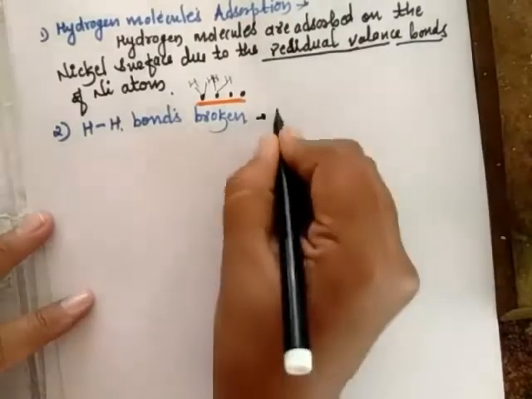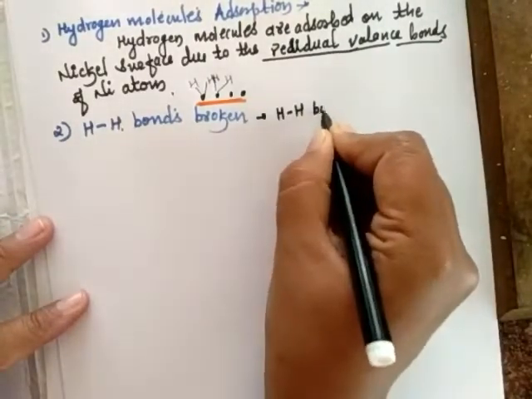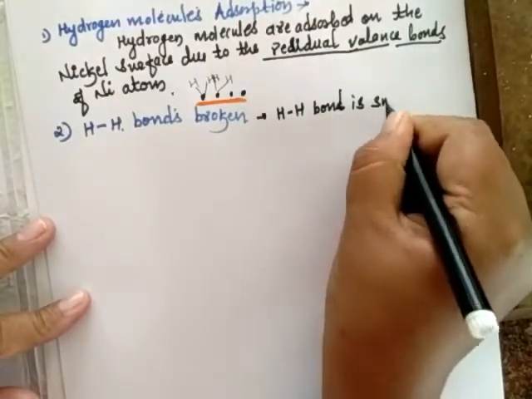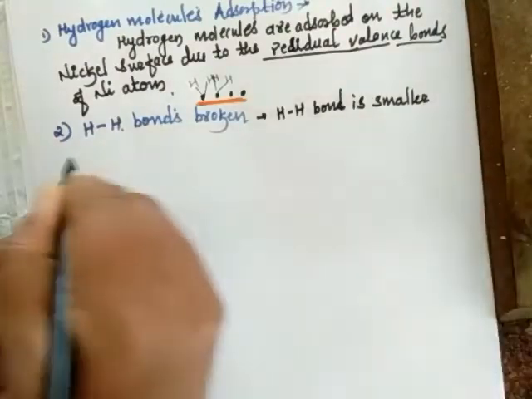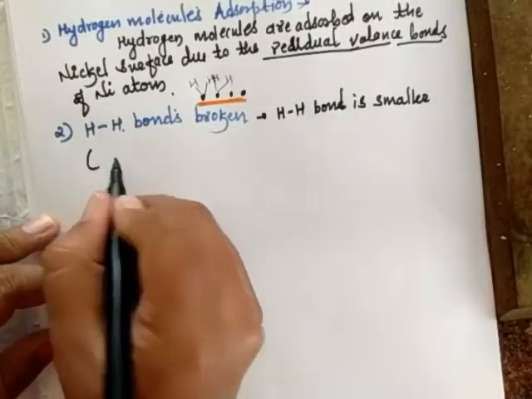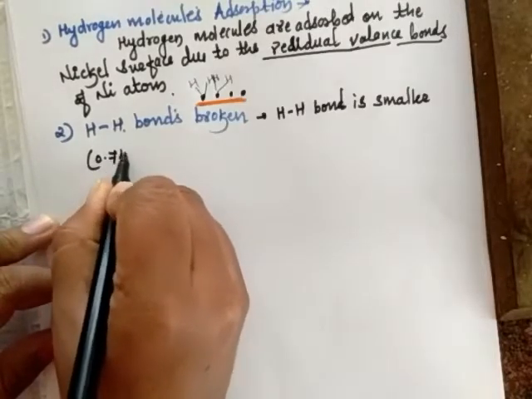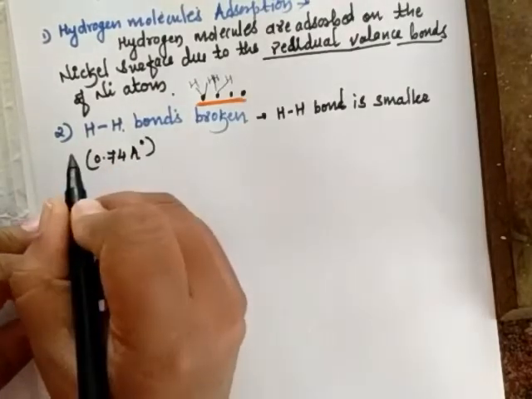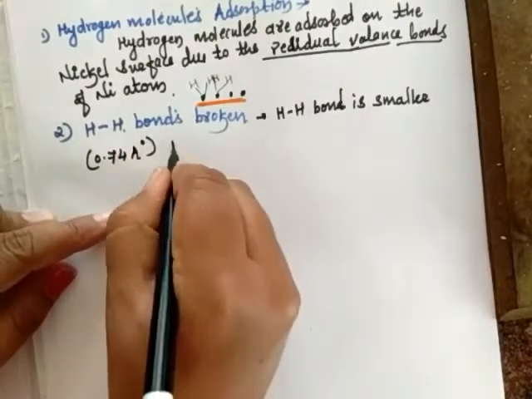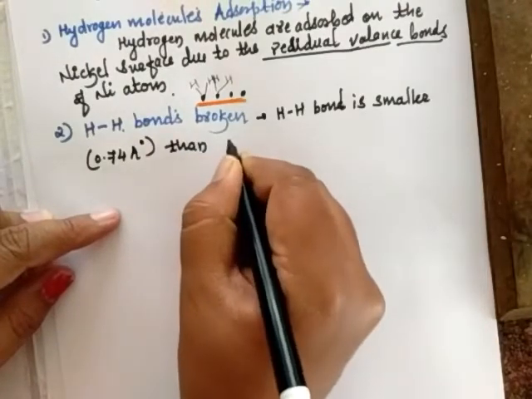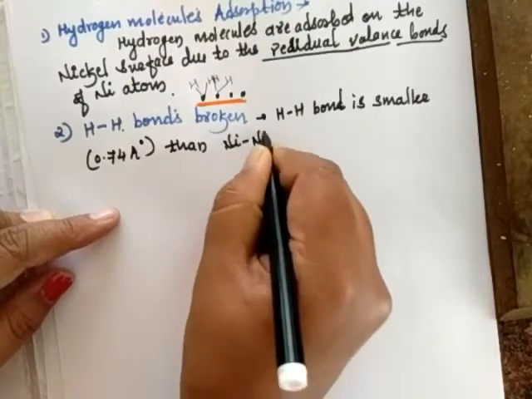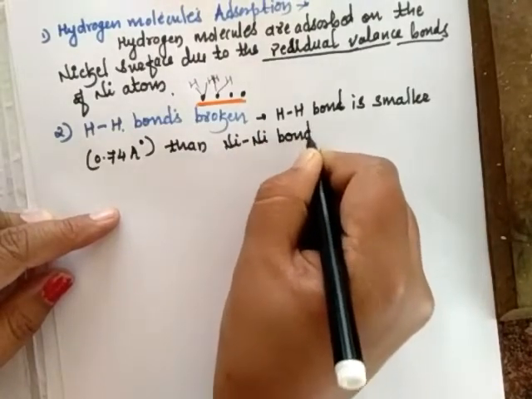The hydrogen bond is smaller. What is the bond energy or bond enthalpy there? It has a bond length of 0.74 angstrom units. Then the nickel bond, Ni bond.